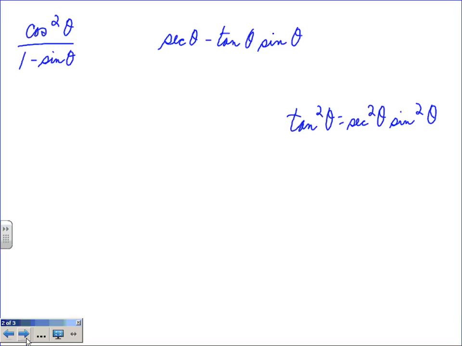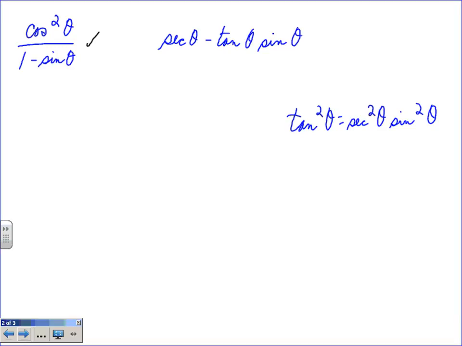Your next set of directions, and this is on page 906, your second set of directions say, write each expression in terms of a single trig function. Here's what you have to do in this area. As a single trig function. Right now, I have cosine squared over 1 minus sine, so it's in cosine and sine. I want to write it in terms of one trig function.